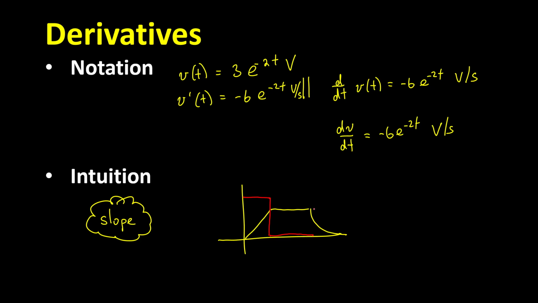And you can see that it's very, very negative here. It's almost, if you were to graph it, almost perfectly negative, infinitely negative. But it quickly smooths out to a 0 rate of change. So we might expect that if this is our function of time, then this is the derivative, the time derivative of that.